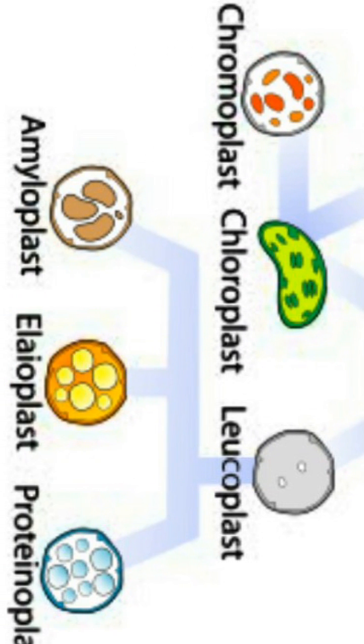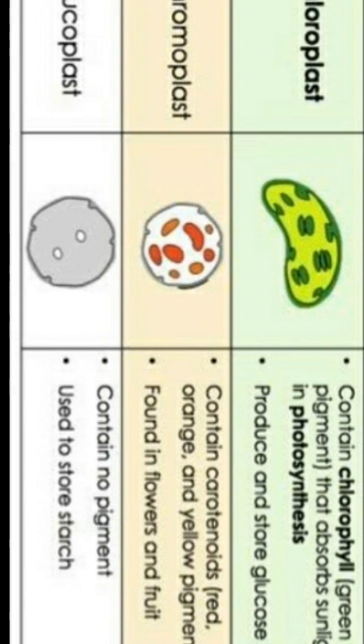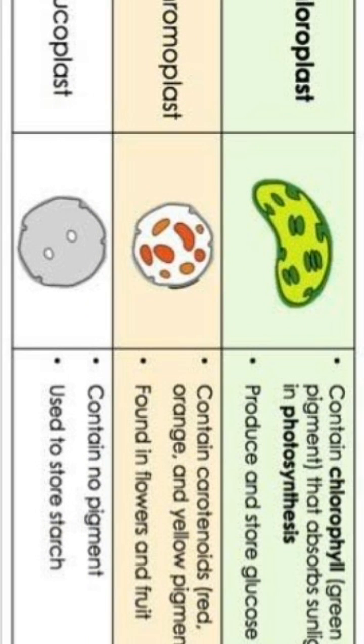It contains chlorophyll and carotenoid pigments, which are responsible for the photosynthesis process. By trapping sunlight, light energy is converted into chemical energy. During this process, energy is synthesized as starch. So this is the function of chloroplasts.